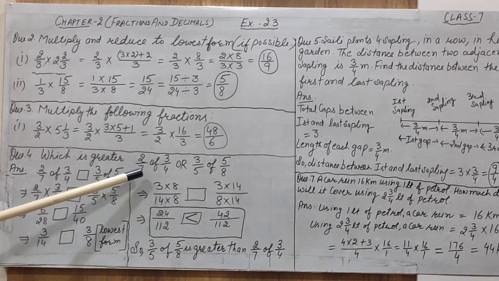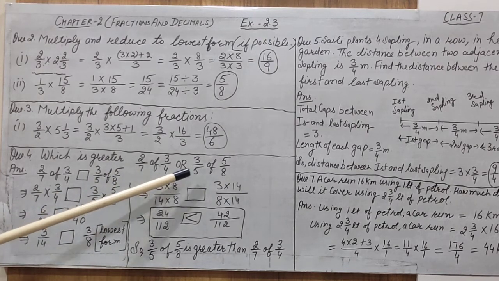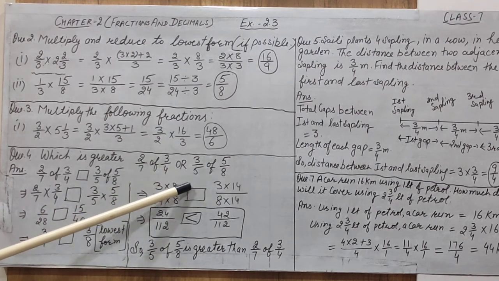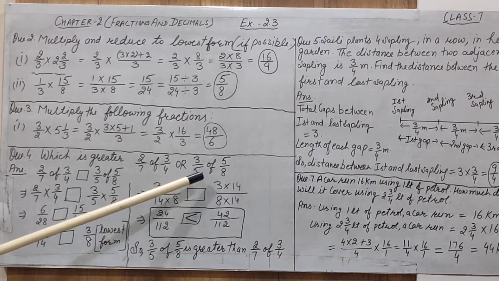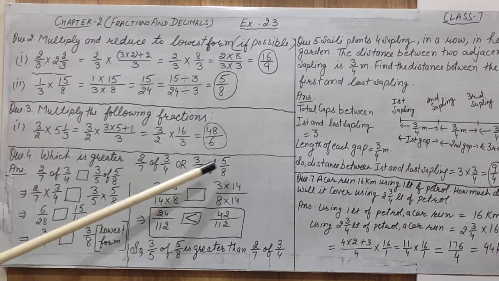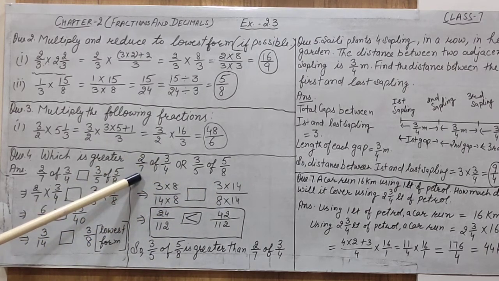Now how are the fractional numbers given? The first term is 2 by 7 of 3 by 4. The second term for the comparison is 3 by 5 of 5 by 8. First of all, solve the first term completely, that is, solve this "of".